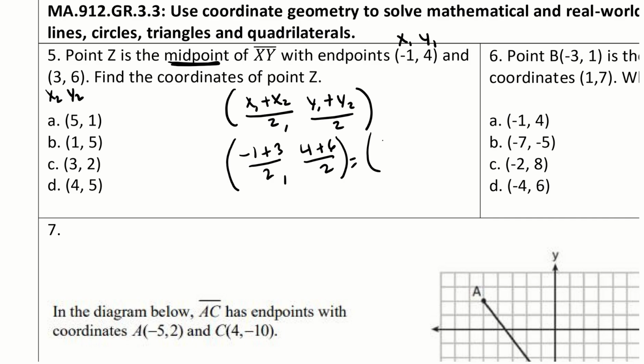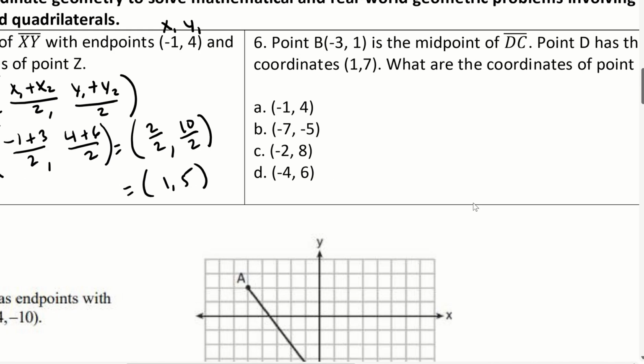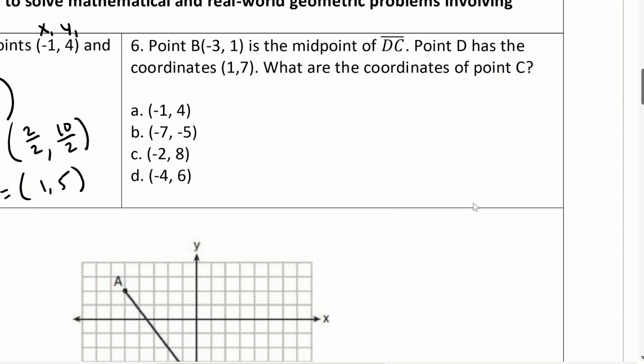So we get -1 plus 3, that's 2. 4 plus 6, that's 10. So we get 1, 5. That's it. 2 divided by 2, 10 divided by 2. Done.